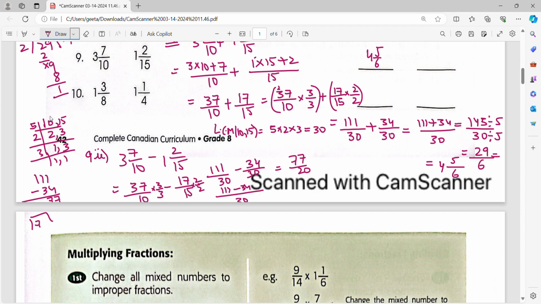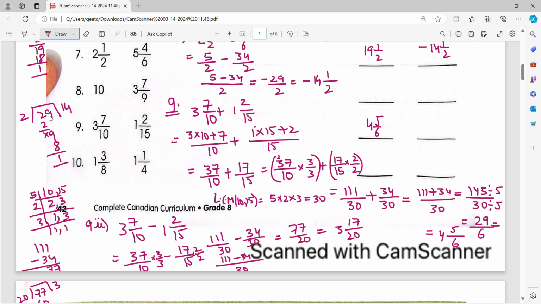And next thing which you got to do, you have to convert this into a mixed fraction, okay? So you can write down 30, then 2 thirds are 60 and 17 here. So our answer of difference is this: 2 and 17 over 30, right? I hope you're doing side by side.